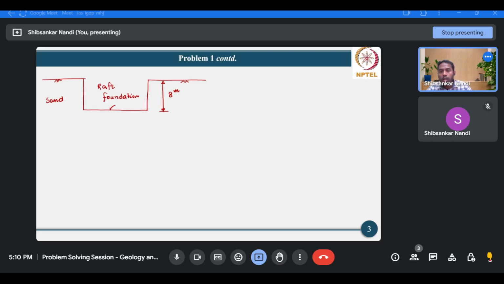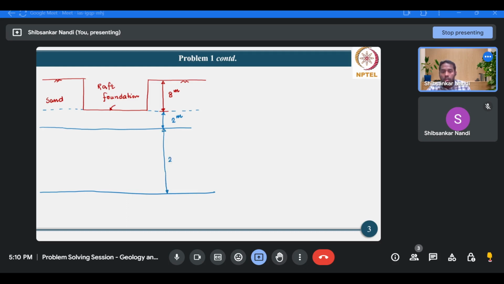Now 2 meter below this base level, there is a 25 meter thick saturated clay.